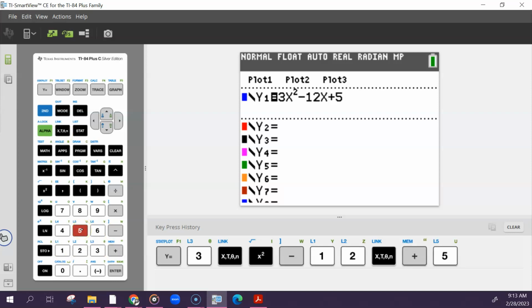Some of you aren't typing this into your calculator. I'm going to show you both ways, and then you can decide whether you want to do it by the graph, by the table, or algebraically.